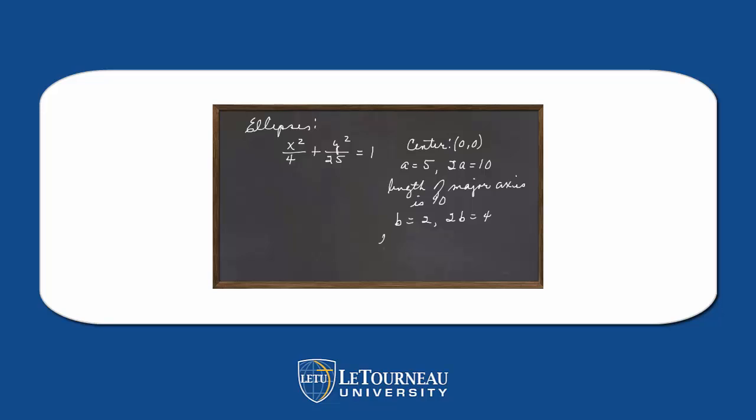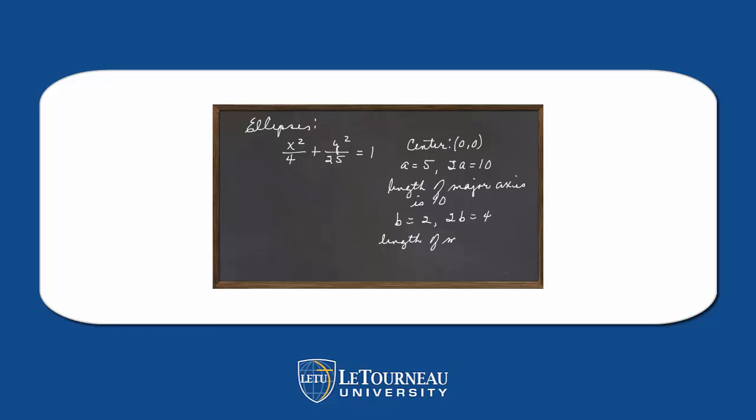All right, some examples of ellipses. Let's start with x squared over 4 plus y squared over 25 equals 1. Notice the center is at (0, 0). A is equal to 5. 2a is equal to 10. So the length of the major axis is 10. B is equal to 2. 2b equals 4.